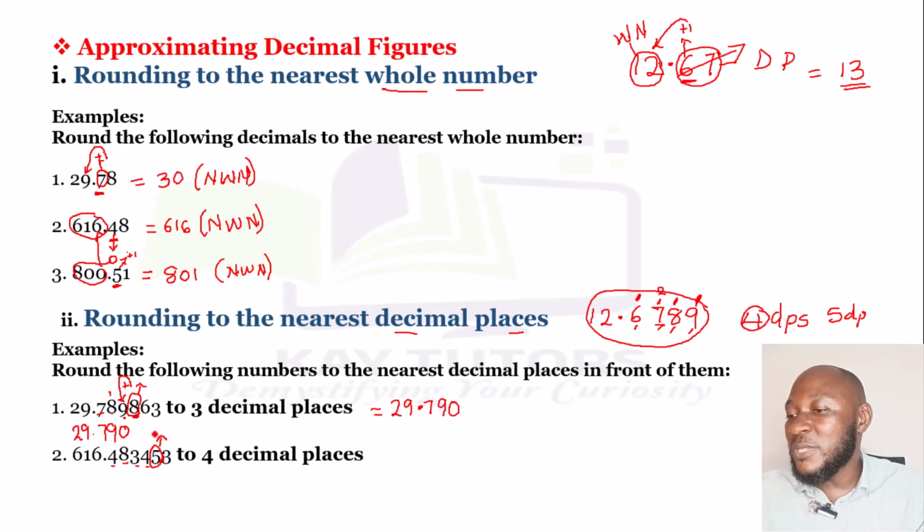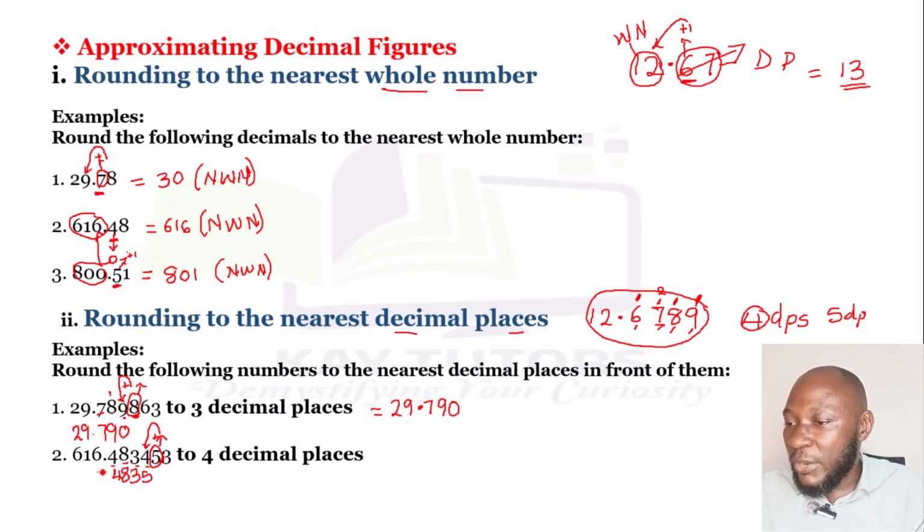Yes. Since 5 is greater than 4, I'll round up to 1, then add my 1 to the number before the 5. Okay, so if I add 1 to 4 here, what will I get? I'll get 5. So I'll have my 5 here. Don't forget to bring down your 3 and your 8, 4.